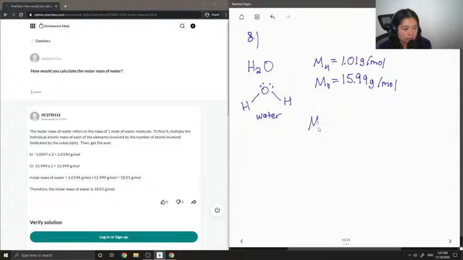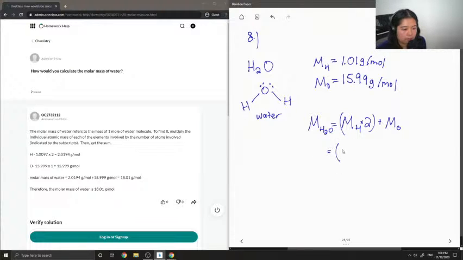To calculate the molar mass of water, all we need to do is add up the molar mass of hydrogen plus 2 times the molar mass of oxygen. Oh, sorry, it's the other way around. It will be the molar mass of oxygen plus 2 times the molar mass of hydrogen, since there are 2 hydrogens for every 1 water molecule.